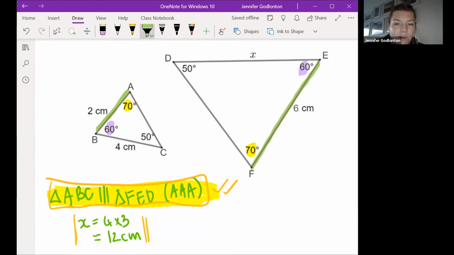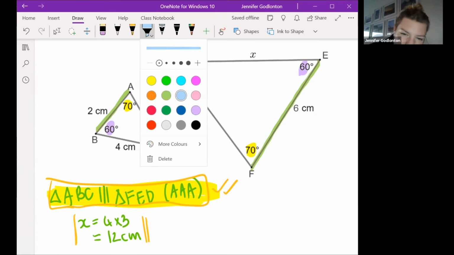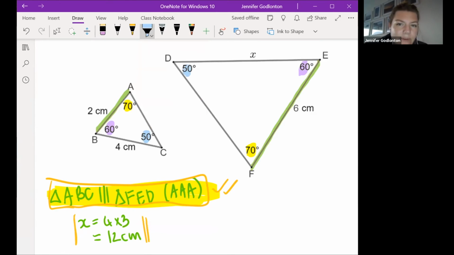So those two sides are corresponding to each other. Then inside here, I've got this 50 degree and this 50 degree. So this side is between my 60 and my 50, and this side is between my 60 and my 50. So this step is just looking at which sides are corresponding to each other.